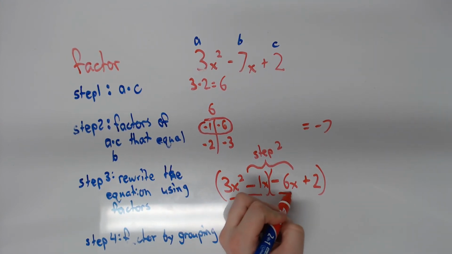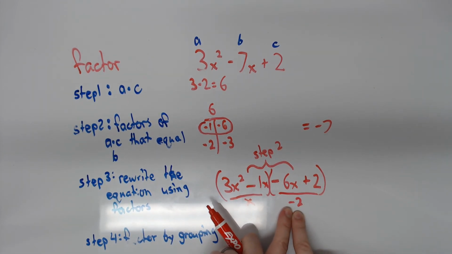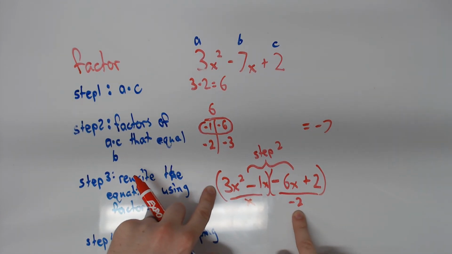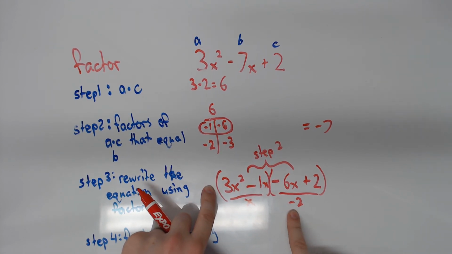The second one I can factor out a -2. Why'd I choose a -2? Look over here. My 3x squared was positive, and then minus 1x. On this side, I had a -6x. I wanted the first one to be positive, so to make the first one positive, I factor out a negative. So this took a little bit of thinking.